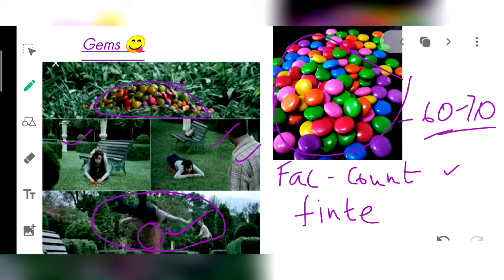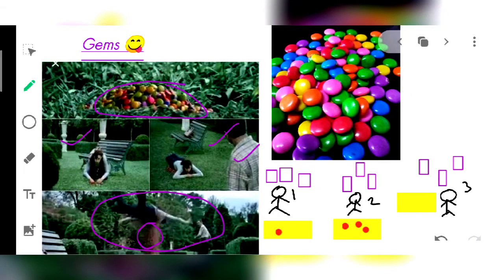Okay students. Now I have separated 3 students by giving them 3 packets of Gems candies. I asked them to find the red colored Gems candies from the 3 packets.